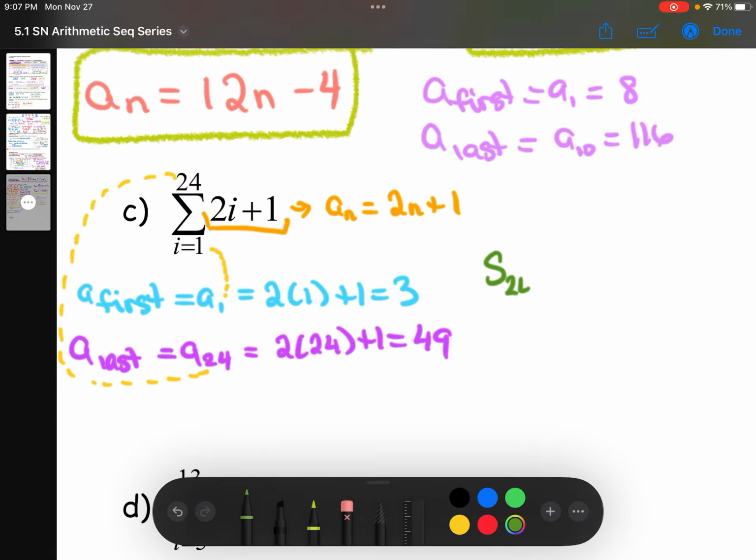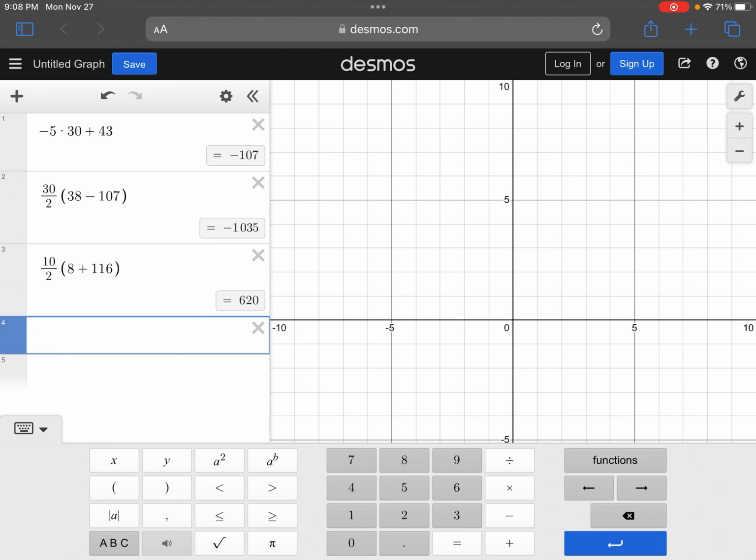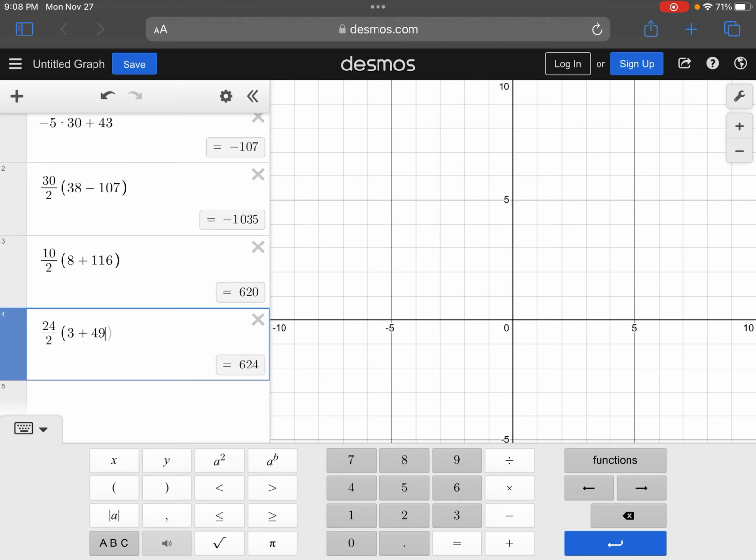So to find the sum of those 24 terms, 24 over 2 times 3 plus 49.